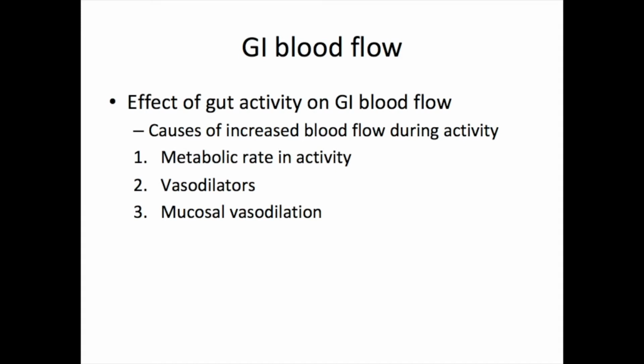Then vasodilator substances are released from the mucosa during the digestive process, for example, cholecystokinin, vasoactive intestinal peptide, gastrin, and secretin. And finally, mucosal vasodilation occurs due to the release of kinins from gastrointestinal glands into the gut wall. Examples of these kinins include calidin and bradykinin.